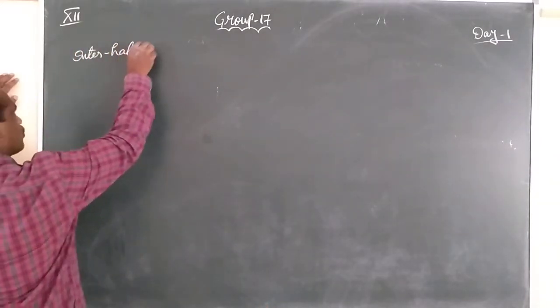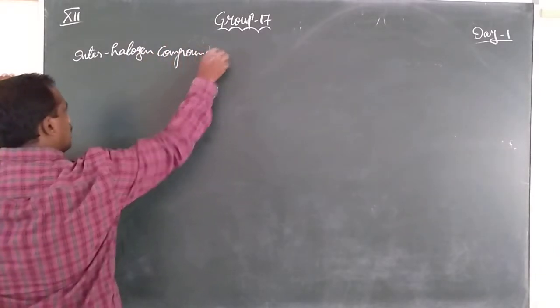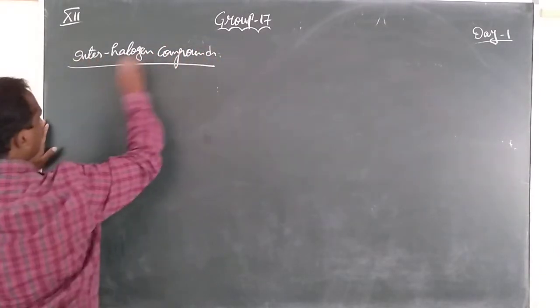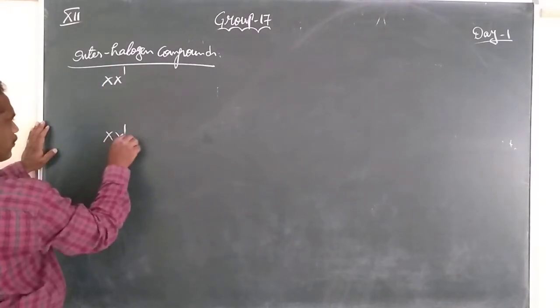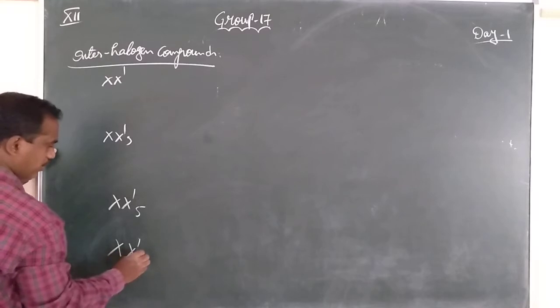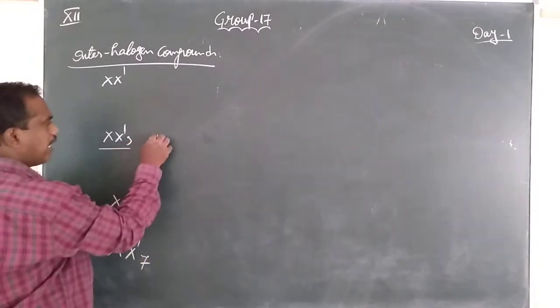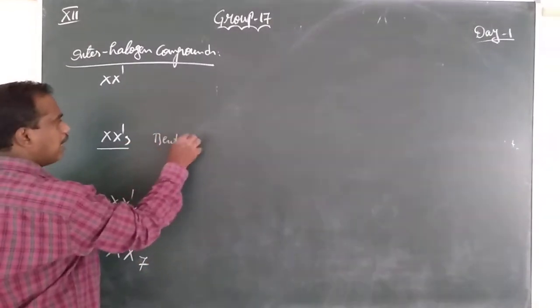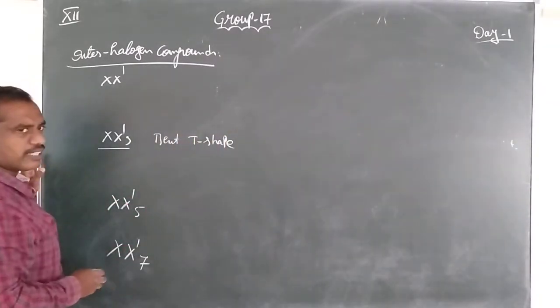Interhalogen compounds are of many types: XX'3, XX'5 and XX'7. What is the shape of XX'3? XX'3 will have the bent T shape.